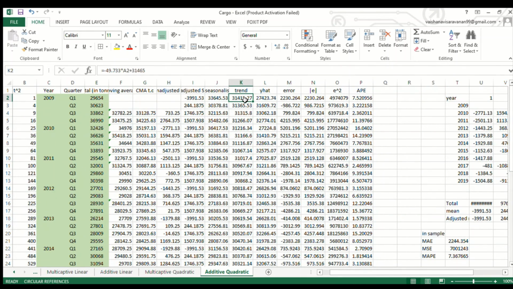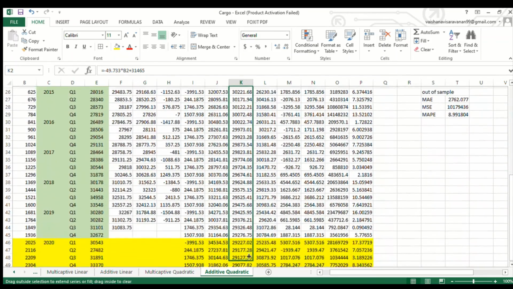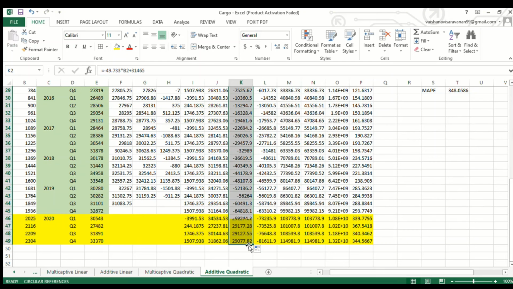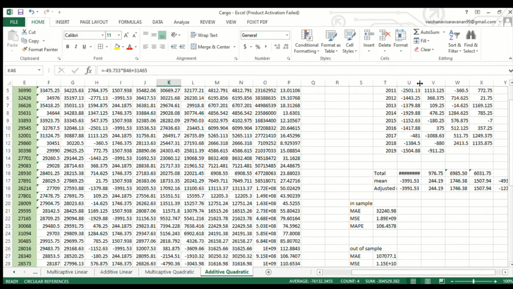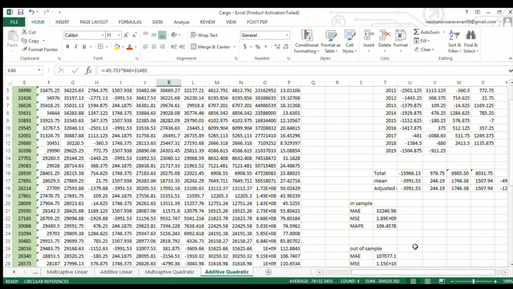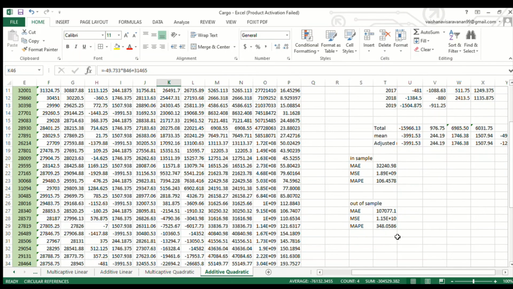And same as what we did in multiplicative quadratic, we changed the formula for the trend from t values to the t squared values. Therefore, our MAE, MSE, and MAPE in sample and out of sample values will be different.